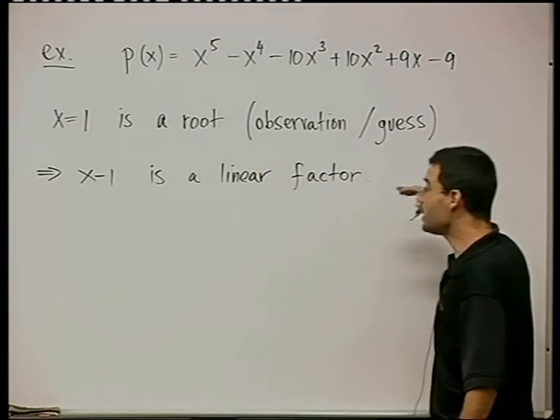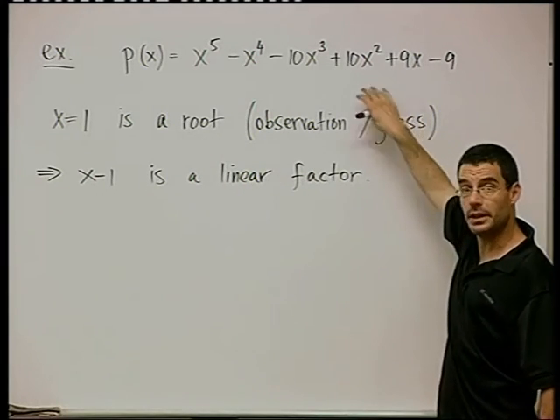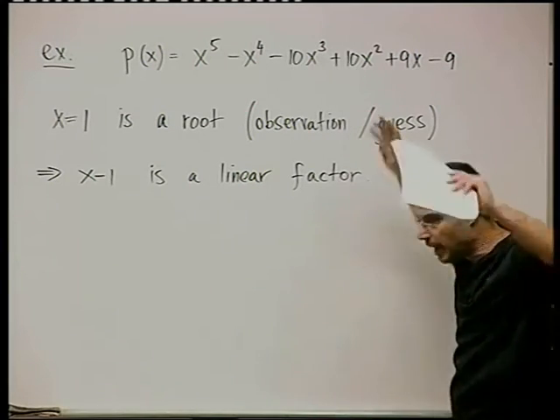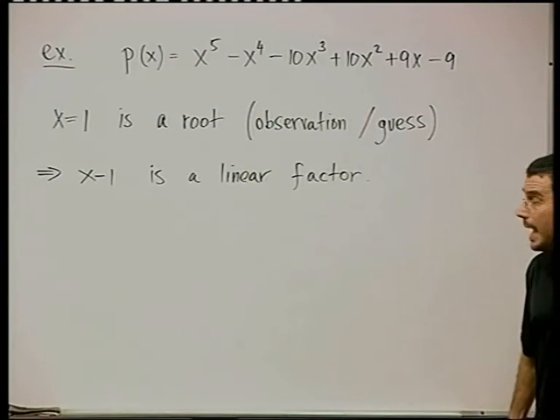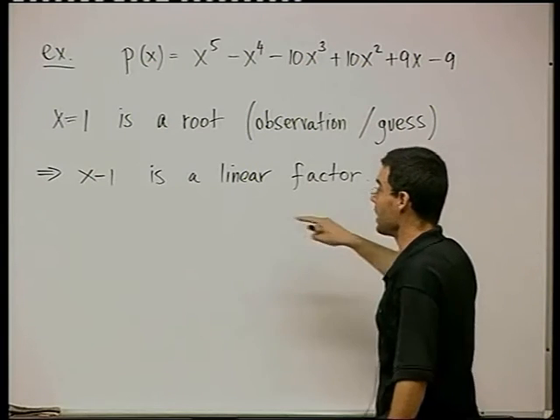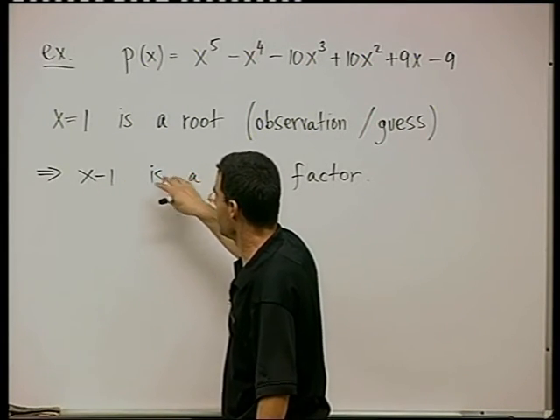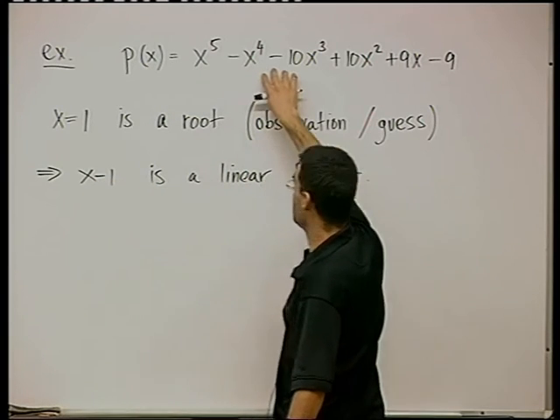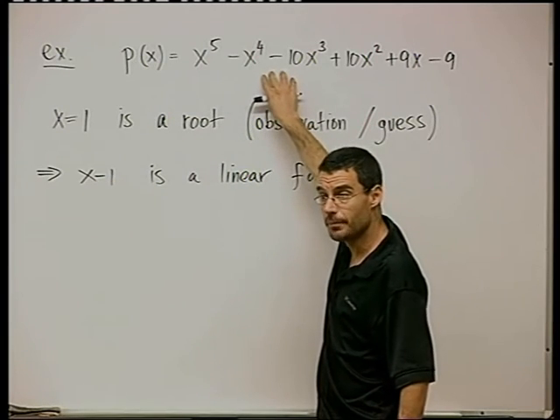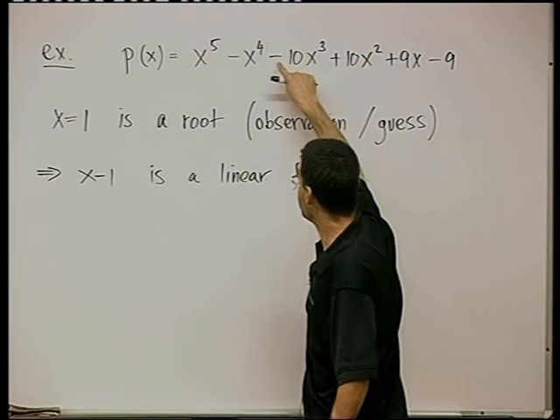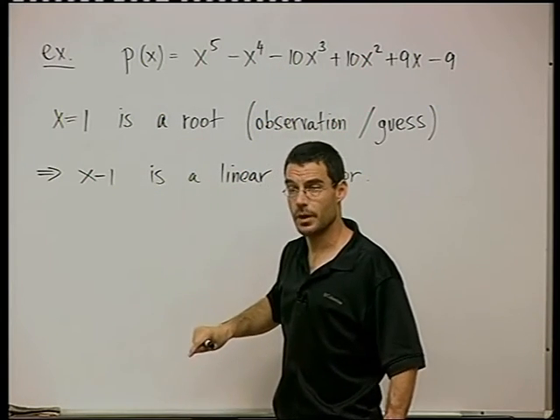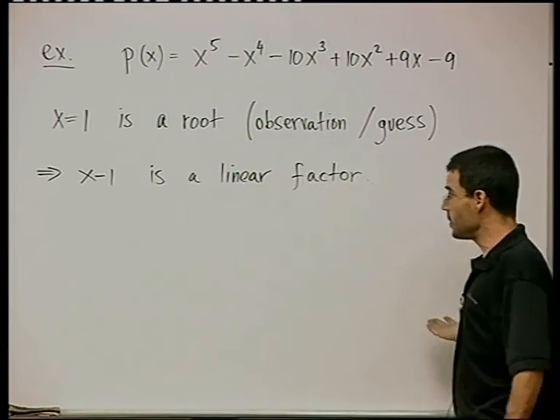So we know that we can write this polynomial as x minus 1 times something. Okay? And how do we find the something? How do we find what the multiplicative other term is going to be in this factorization? We divide this by this. Okay? And this is called long division of polynomials.